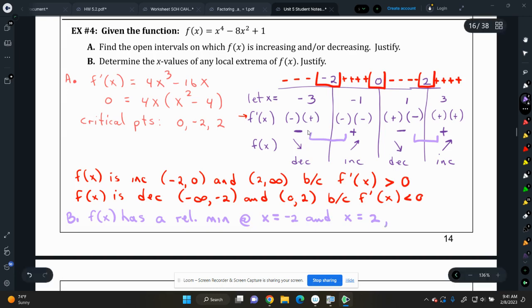And the reason is that f prime of x, we've got to use the right terminology, f prime of x changes from negative to positive.